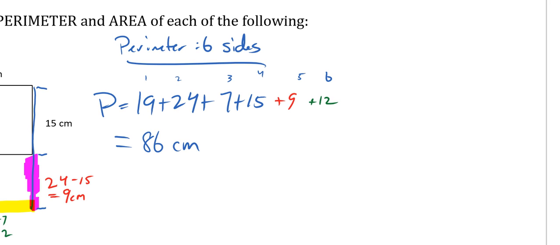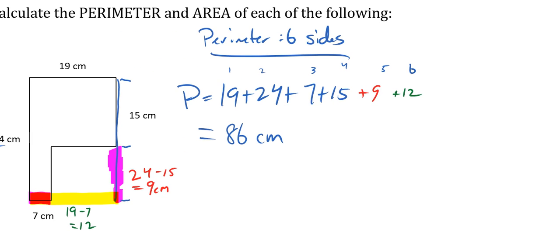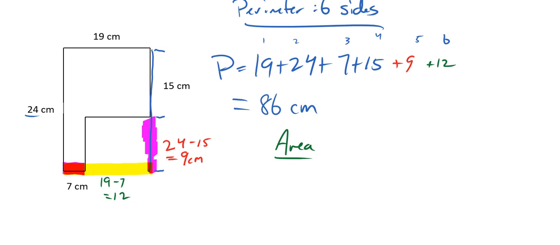That was for perimeter. Now let's talk about area. Area is different. Is there a name for this shape? No. This shape does not have a name. Is it on your formula sheet?